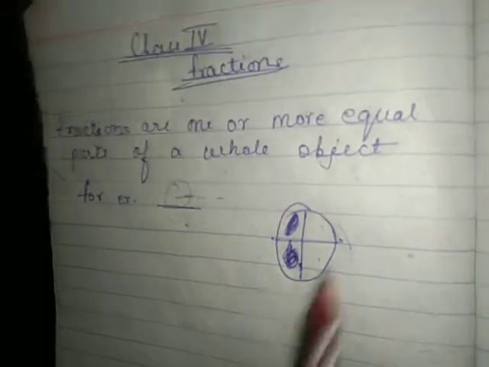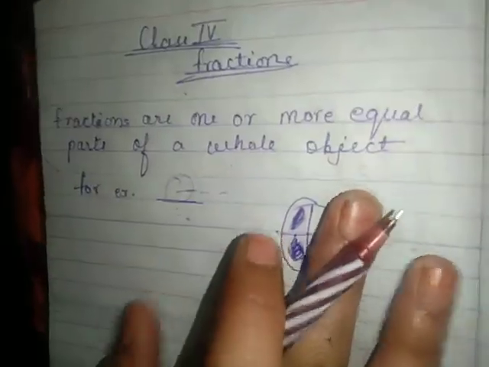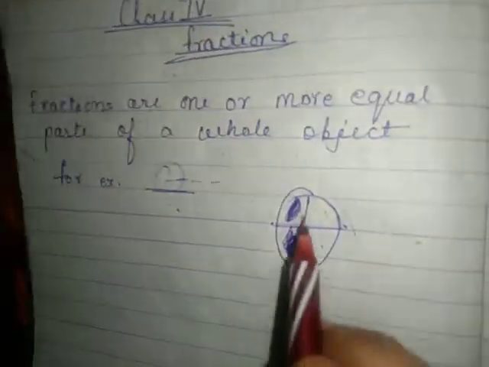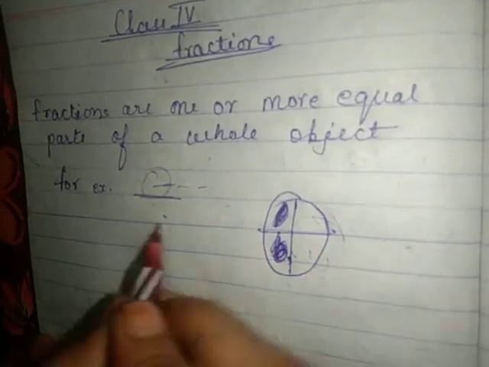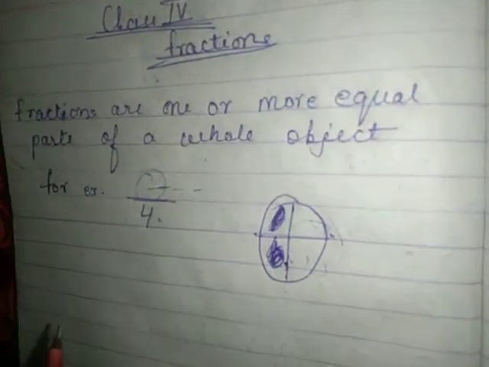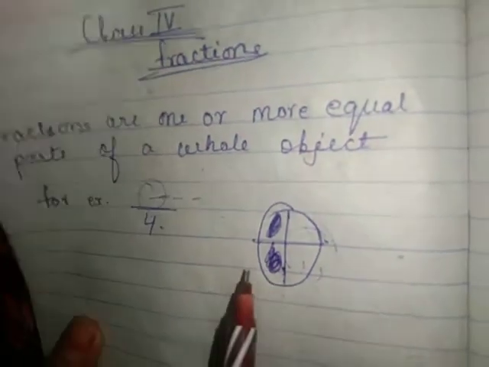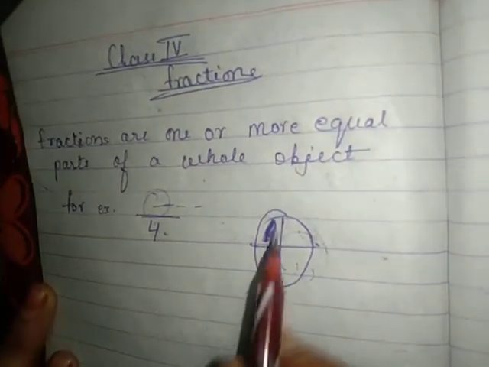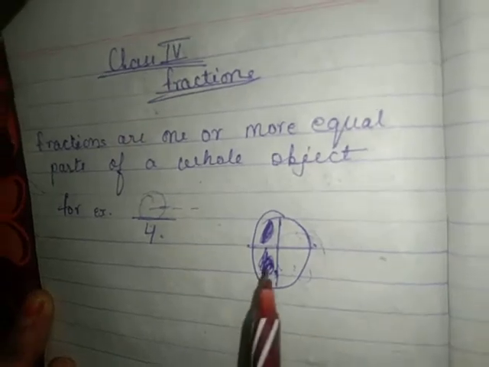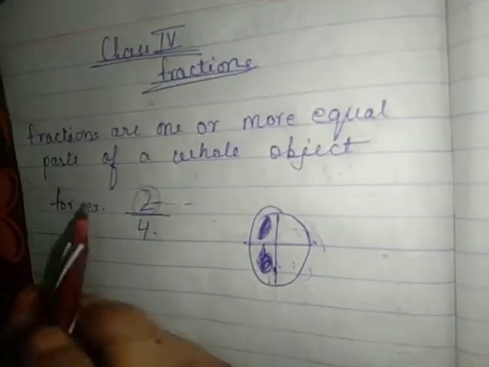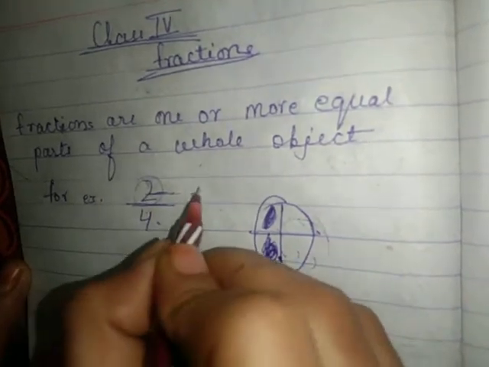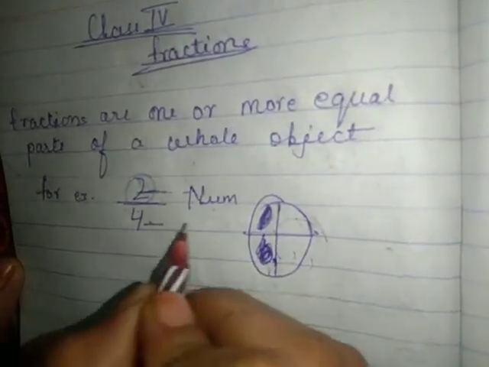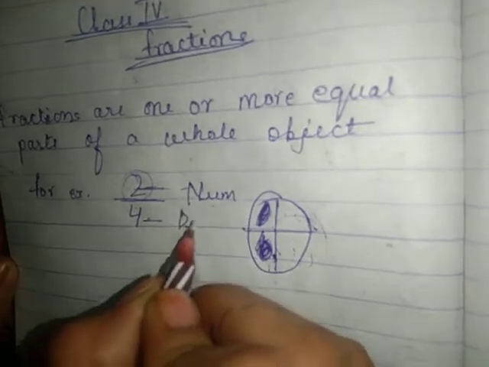So how will we express the object as a fraction? We divided the object into 4 equal parts, so we write 4 in the lower part. I color 2 equal parts, so we write 2. The object is divided into 2 upon 4. The 2 is the numerator and 4 is the denominator.